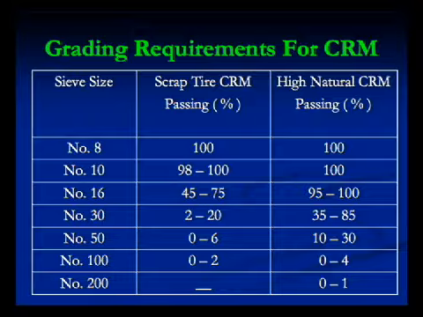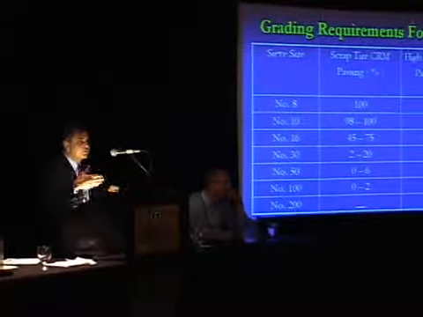So for instance, you submitted the sample in February, the mix design was already done, and the project goes to construction in August. Now the crumb rubber you're supplying in August does not match the mix design or what you produced in February. You're going to have a problem.